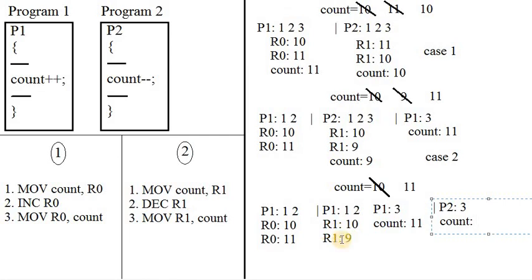What is the updated value of R1 here? That is 9. So count value becomes 9. Now again the count variable value has changed, updated. So what is that? 9. So what about the previous? Erased, right? So it has updated to 9. Okay. This is case 3.